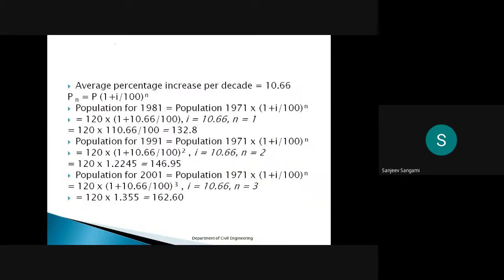So R or I. Then we have the formula for the geometric increase method. That is, Pn is equal to P naught into 1 plus R. We made it R actually in our previous case.